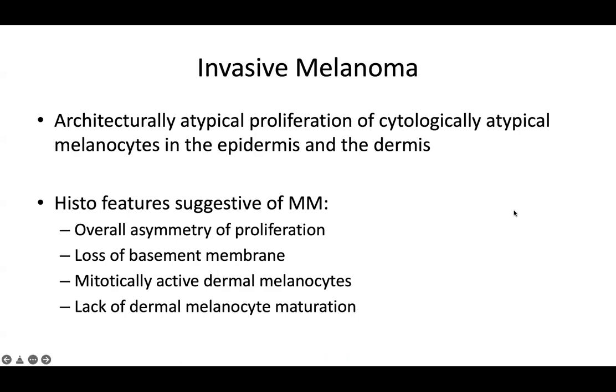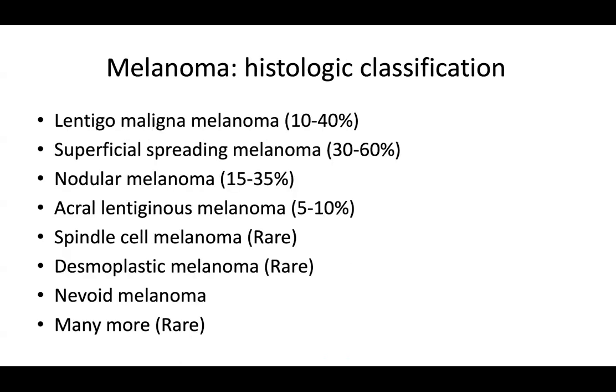So again, go back and review what it means to have maturation. Typically, compound melanocytic benign nevi have type A, B, and C melanocytes. If you're not having that normal maturation pattern, where instead you have large atypical melanocytes at the deeper aspect of the melanoma, that argues against a benign melanocytic proliferation.